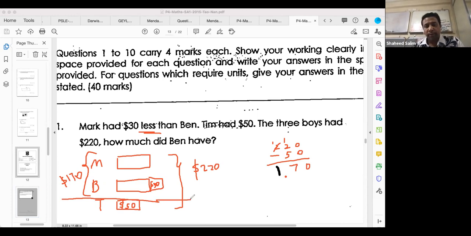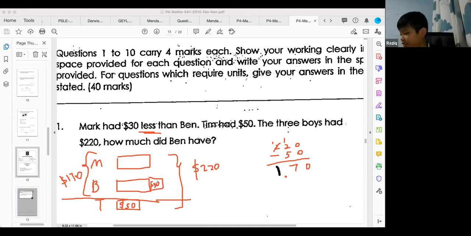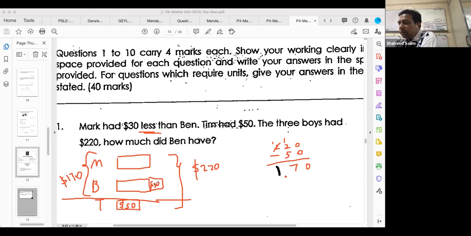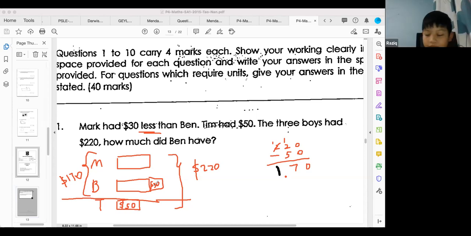170 divided by 2. Don't divide by 2 first. Minus 30 first. Minus. Okay. 140. 140 is for these two.